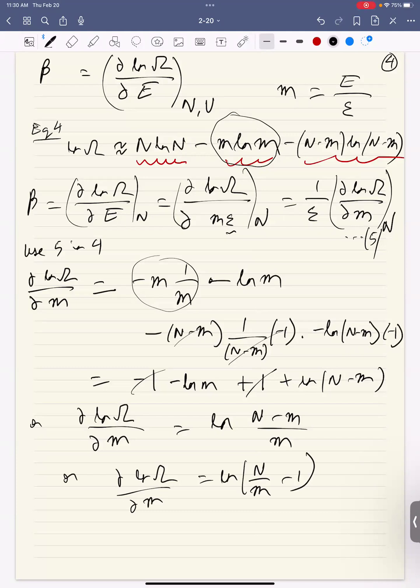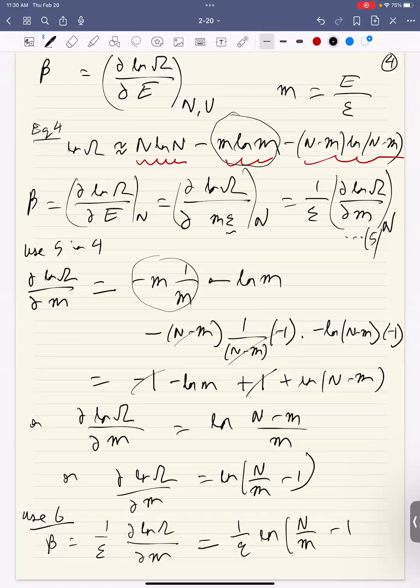And now use equation 6. Equation 6 says that beta, the inverse temperature, is 1 over epsilon partial ln omega by partial m. So that is going to be 1 over epsilon ln of (n by m minus 1). Let's call this equation number 6.